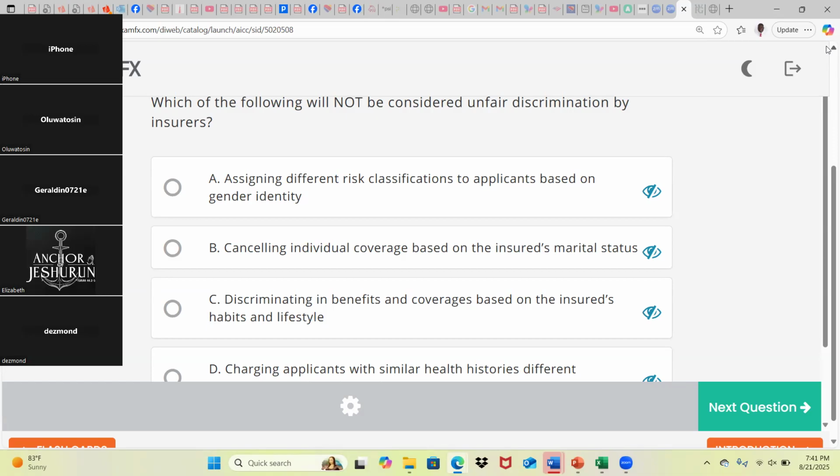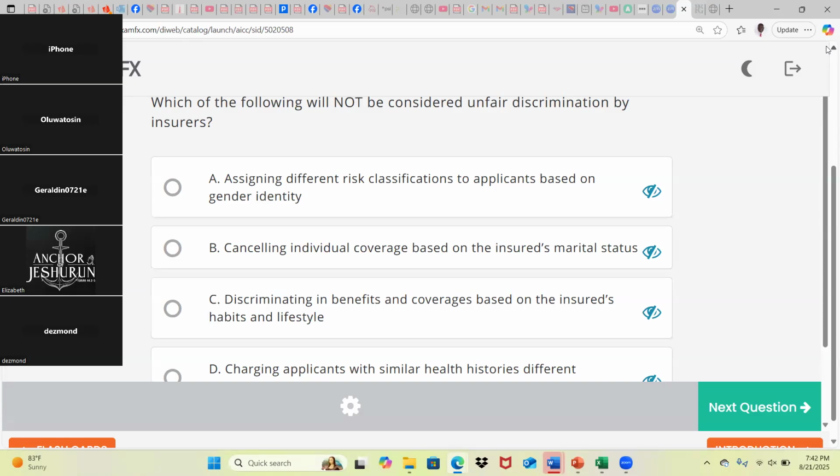C, discriminating on benefits coverages based on the insured habits and lifestyles. And D, charging applicants with similar health histories differently.